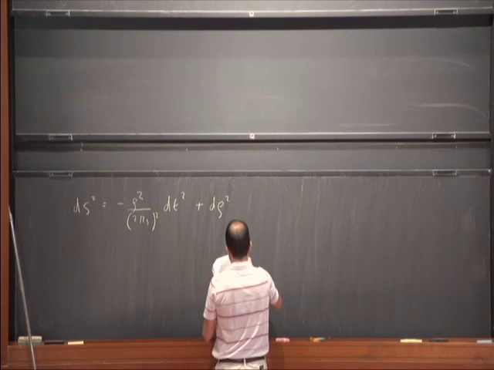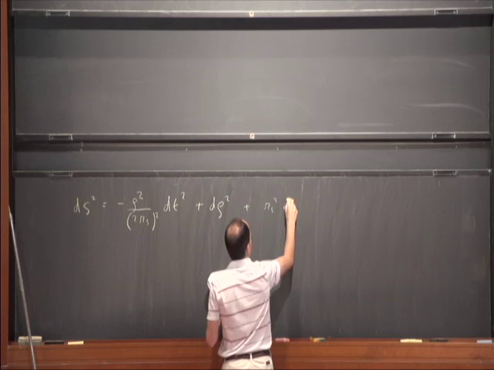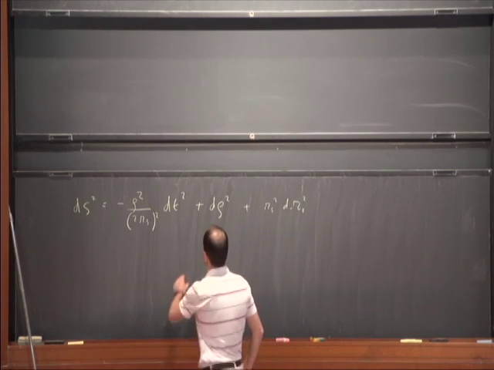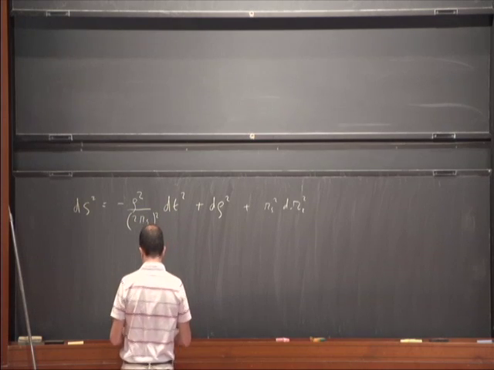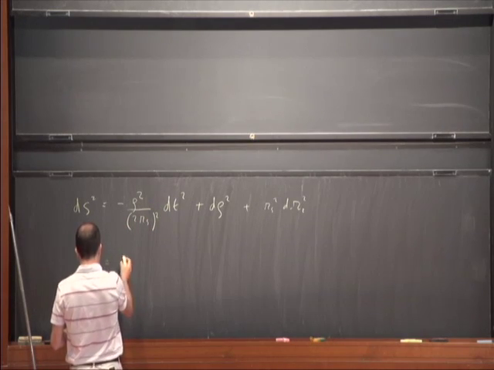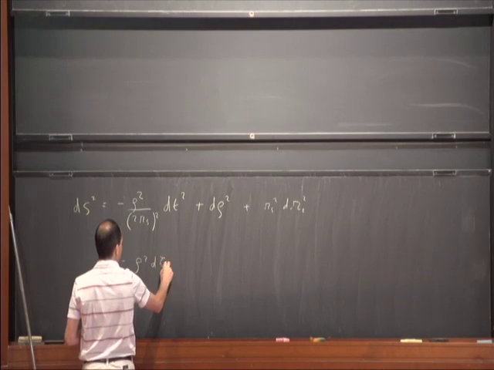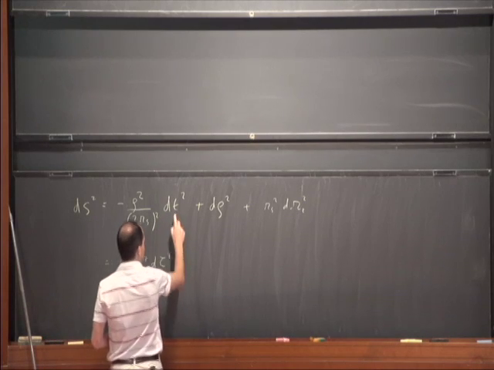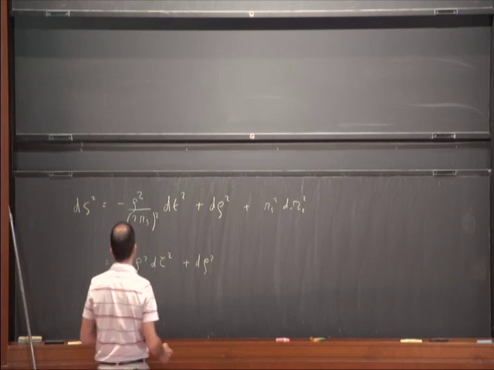So I chose this coordinate rho so that it would be the proper distance from the horizon. So this is the metric to leading order in rho. And what we see is that up to this factor, it looks very similar to the metric. So I'm going to just rescale the time coordinate, and define a new tau, which is just a rescaled version of this time coordinate. And now we have this metric.